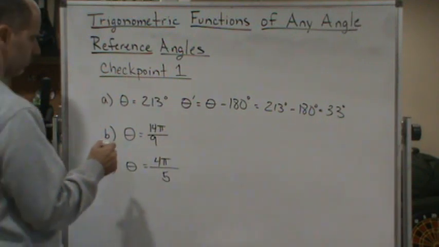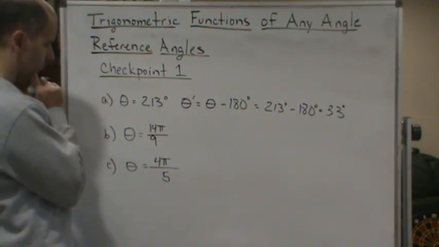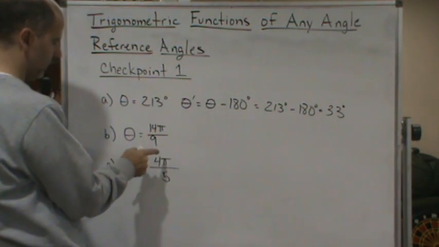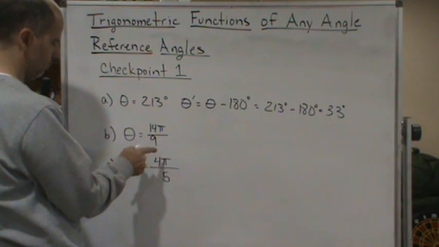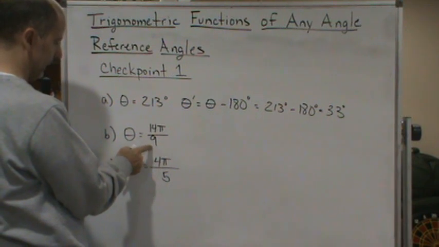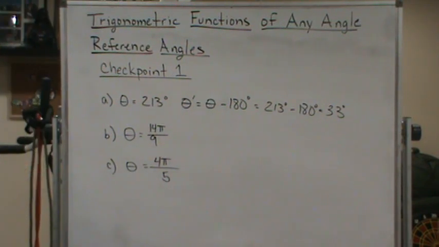Or hold on a second. It's bigger than pi, but is it bigger than 3 pi over 4? And it is. So this would be in the fourth quadrant.